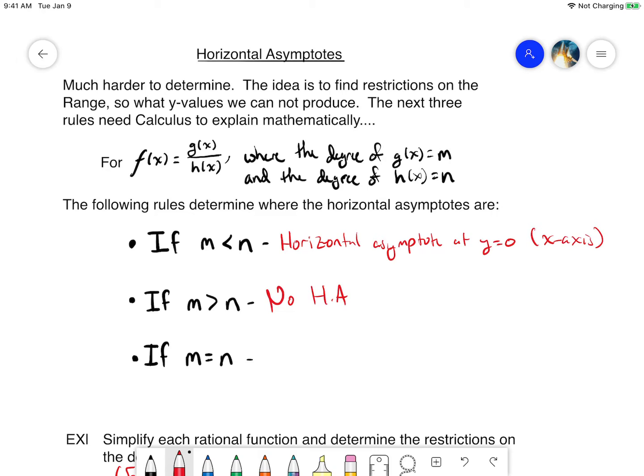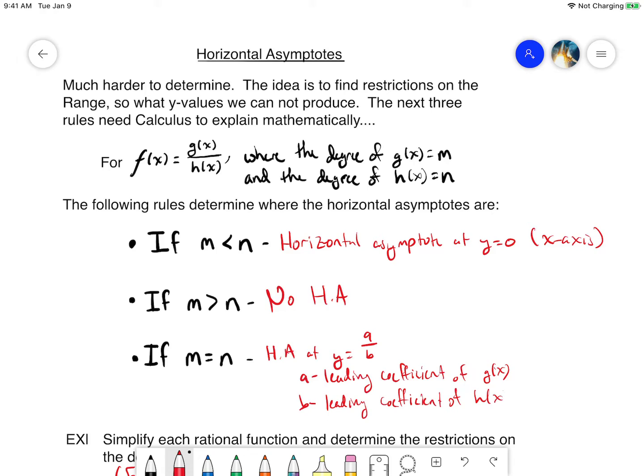Now, if m is equal to n, and this is the one we've more likely seen, it's a bit more complicated because we do have a horizontal asymptote at the line y equals a over b, where a is the leading coefficient of g of x and b is the leading coefficient of h of x.